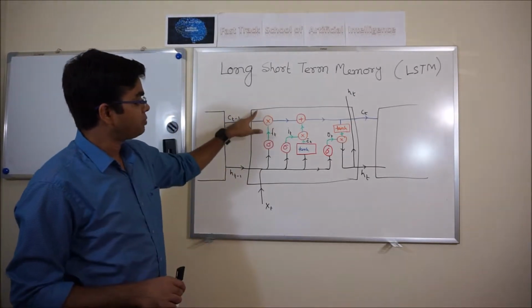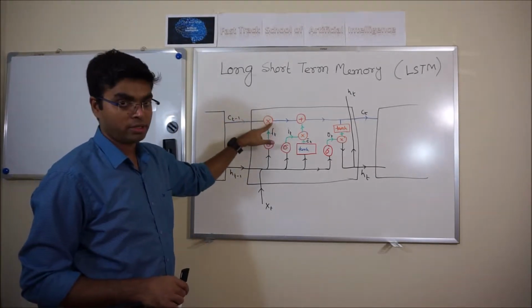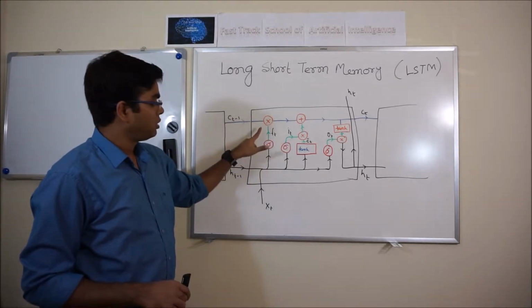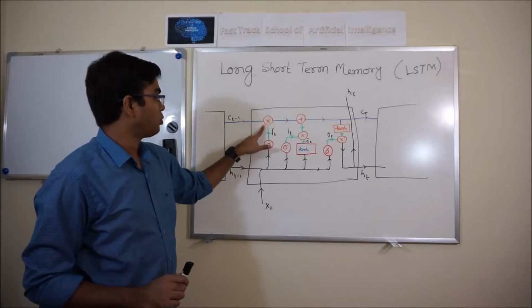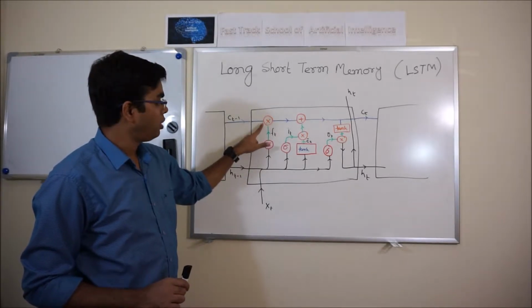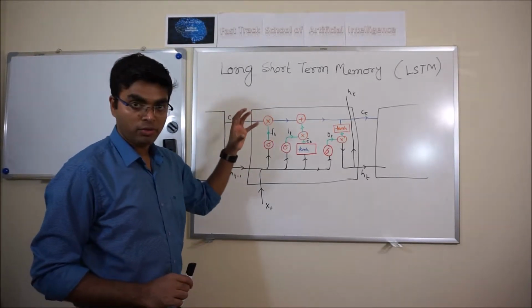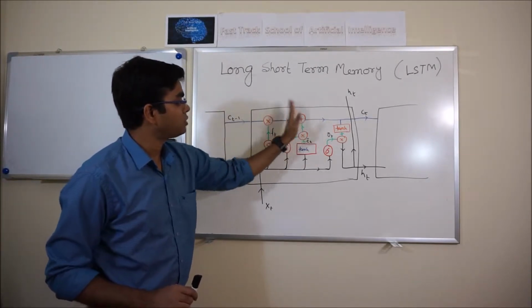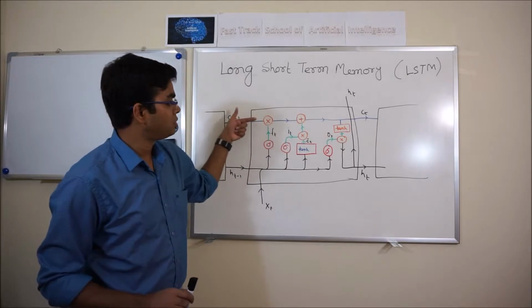So that decision is being taken here. Whatever our forget gate is saying, these pointwise operations will produce the similar value, and it will pass those values for the next set of operations in this direction.